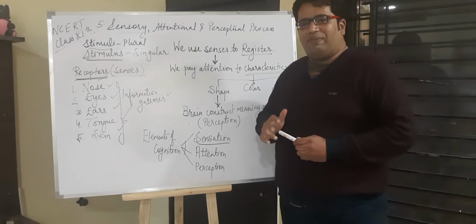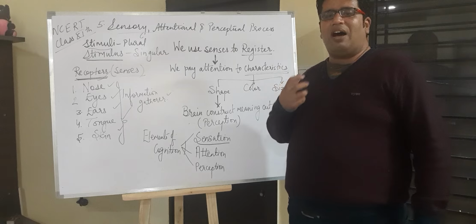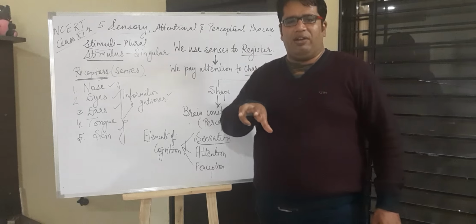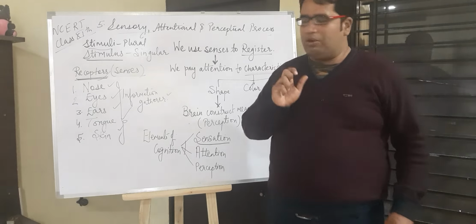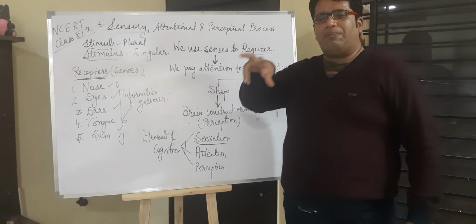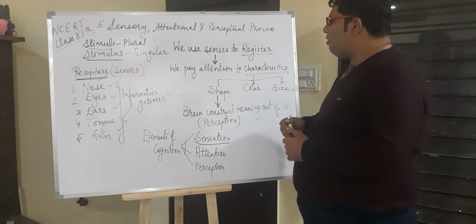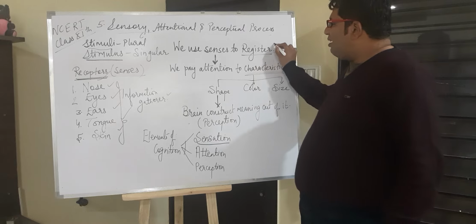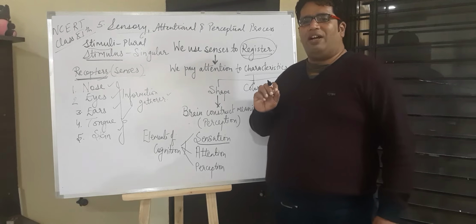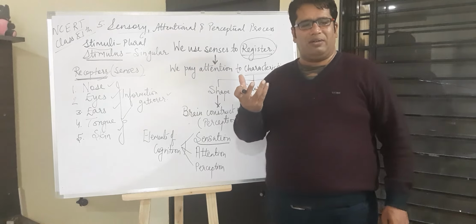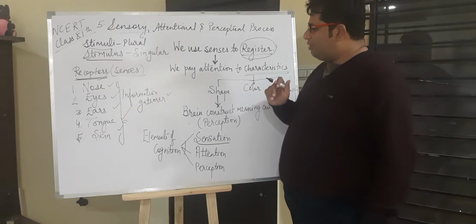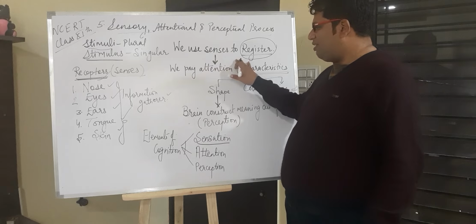Our first process is that we use our senses to know a particular surrounding, environment or stimulus. When we use our particular senses to know a particular stimulus, it means we are registering our senses. So the first step is to register our senses for gathering information from the surrounding, that is, from the stimulus.